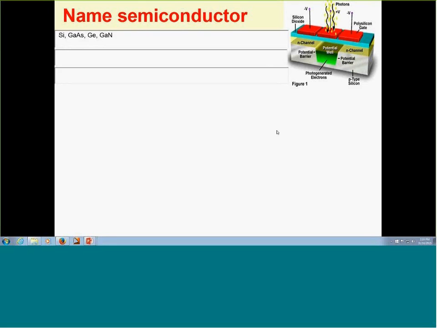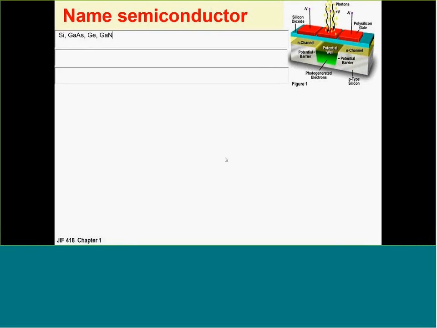Since we covered the naming of semiconductors, please fill up those blanks on a piece of paper, so that at least you know a few semiconductors and can regroup them into different classifications.